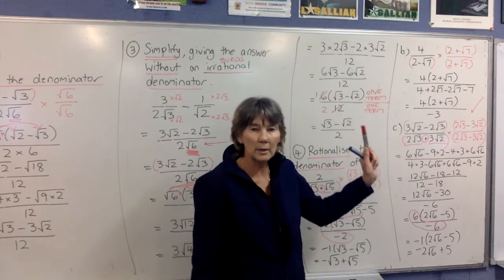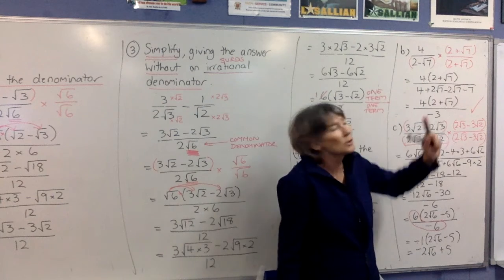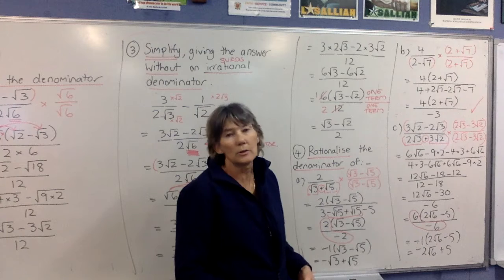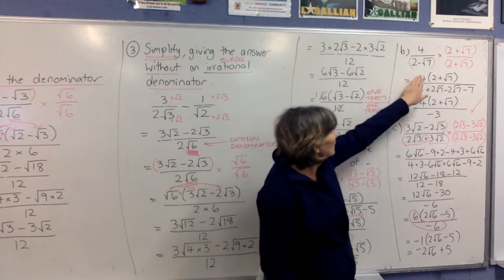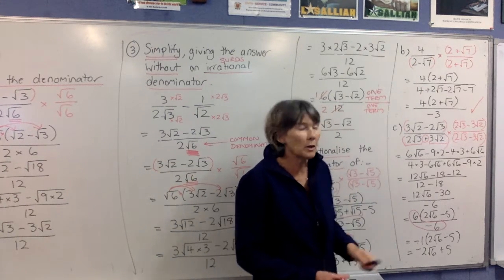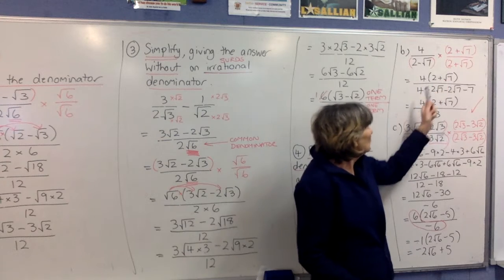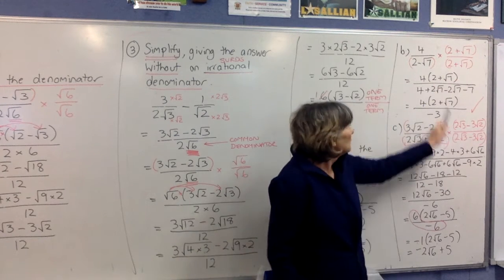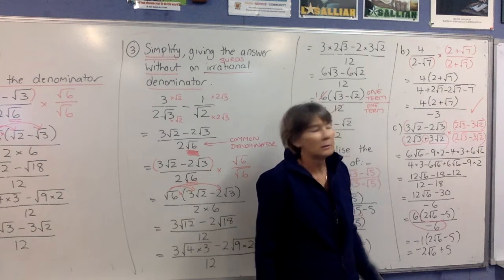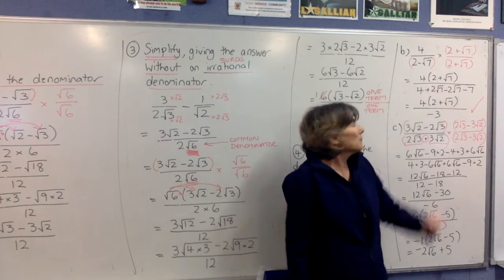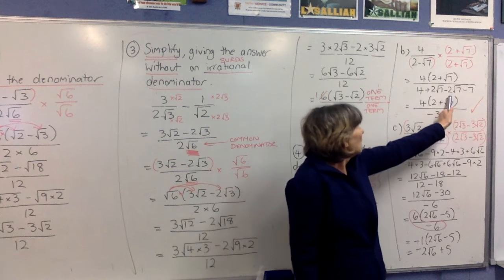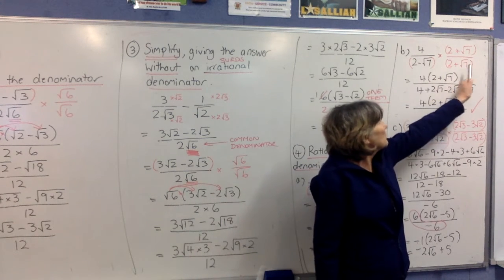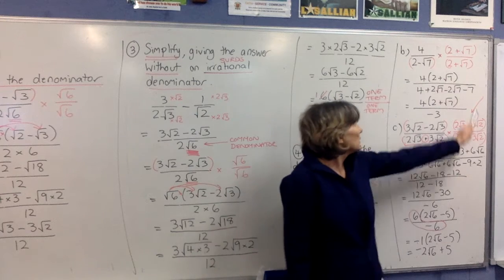Okay, now, as I said before, we're not expanding the top just in case we need it refactorised to then do some cancelling, so we're going to leave it, but we're going to expand the denominator. 2 times 2, 4. 2 times positive root 7, positive 2 root 7. Minus root 7 times 2, minus 2 root 7, and minus root 7 times positive root 7 is minus 7.